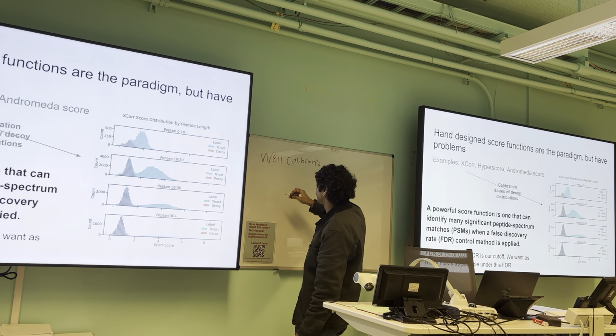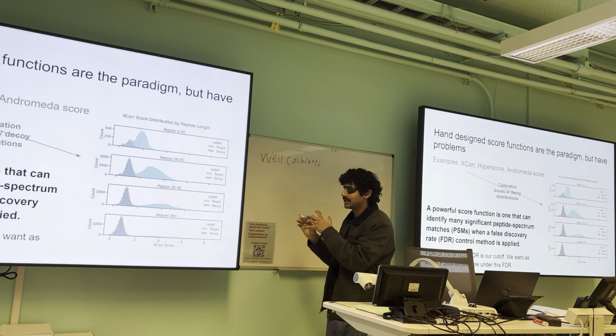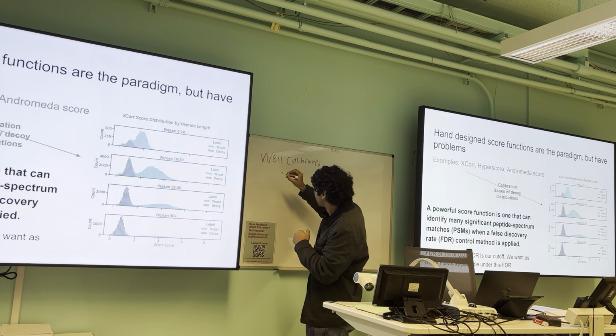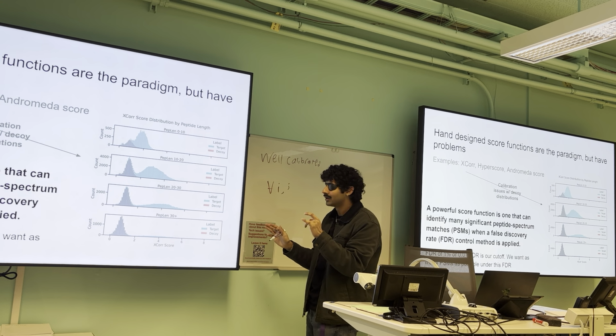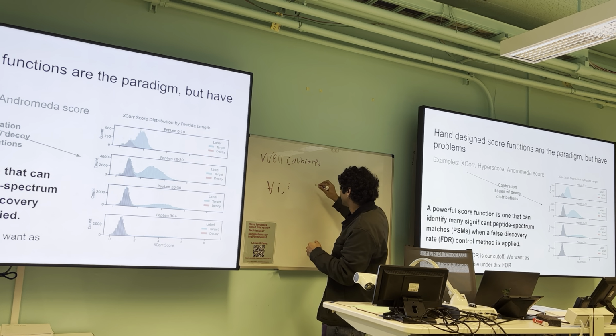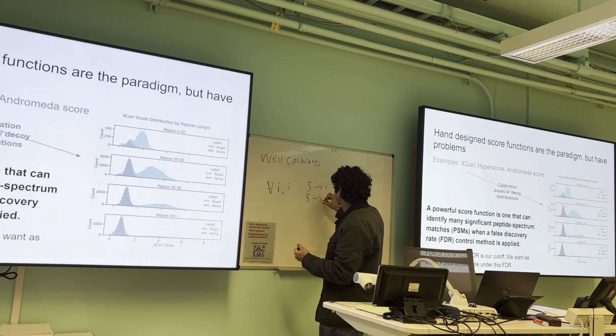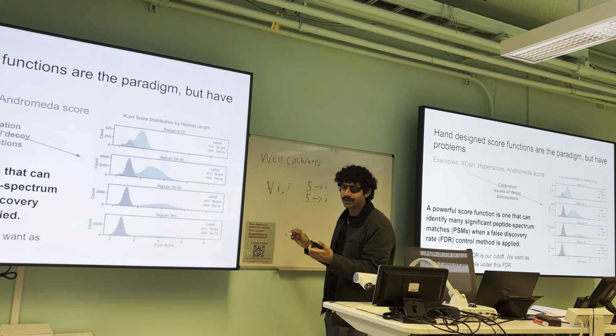For different m/z ratios, so basically for all I and J, all of the spectra, a score of 5 on I should mean the same as a 5 on J, no matter what, right?